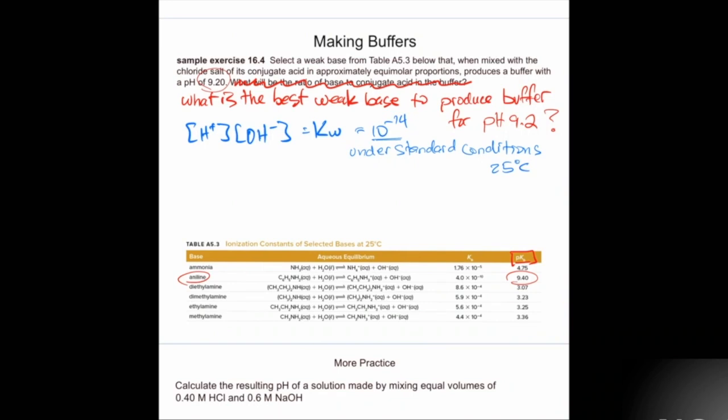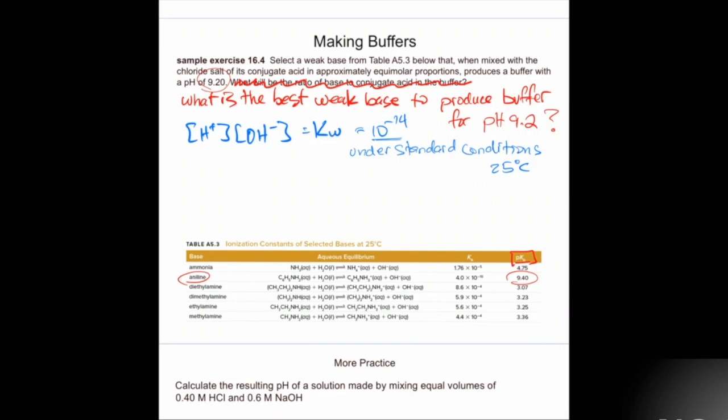If we have a different temperature, for example, and you may recall back in chapter 14, temperature is a major determinant of the rate constants, and that affects equilibrium and all that stuff. Don't worry, we're not going to get into that. But if you're not at 25 degrees Celsius, the K sub W doesn't equal 10 to the minus 14. It'll be something else.